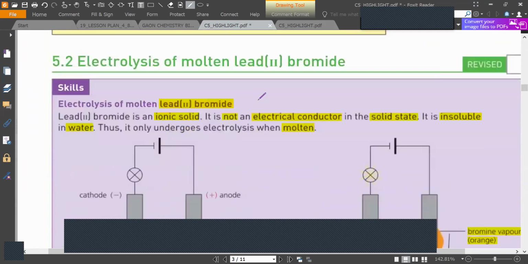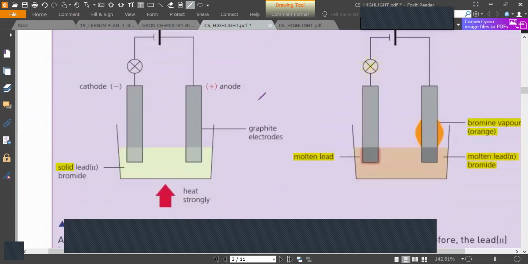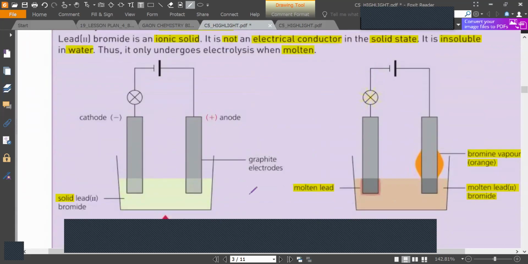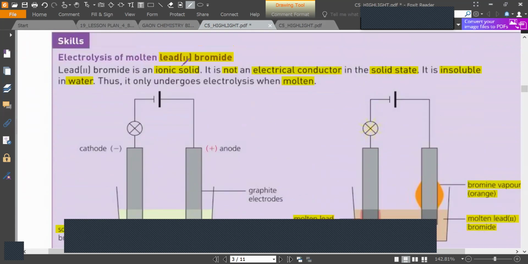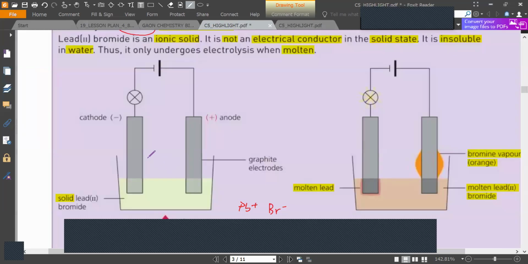So we look at this example here. We have lead bromide, so we have lead ion and bromide ion. This is molten, so only two ions. Lead 2 plus goes to the negative electrode, attracted, and bromide will go to the positive electrode.